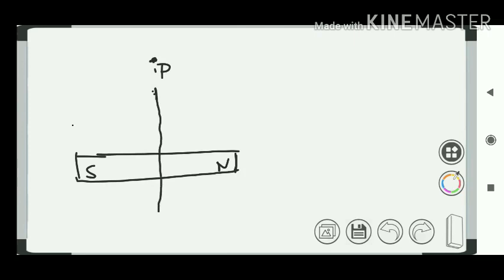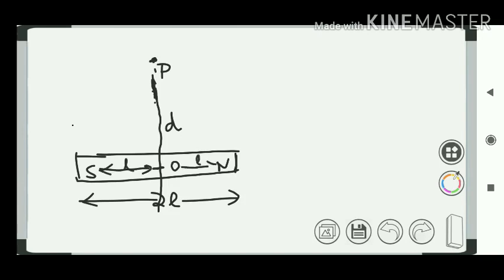I hope you understood what the equatorial plane is. Let's say this point P is at a distance d from the center of the magnet, and 2L is the length of the entire magnet. From here to here it is L, to here it is L, just like the previous cases. So at point P, due to the south pole as well as the north pole, there will be a magnetic field.